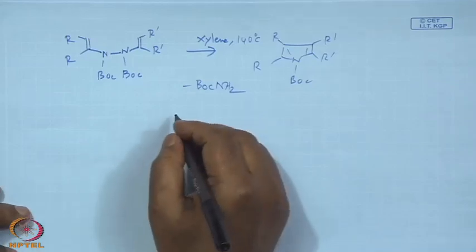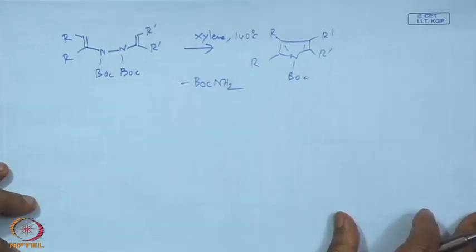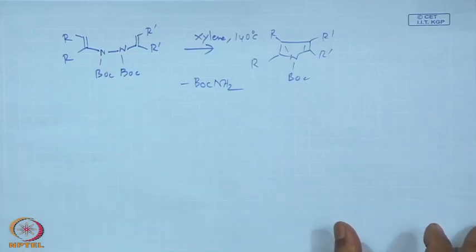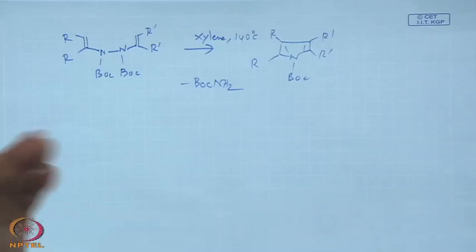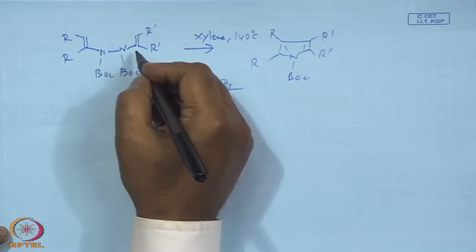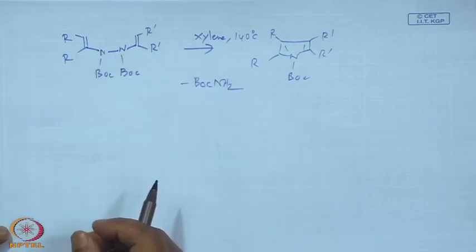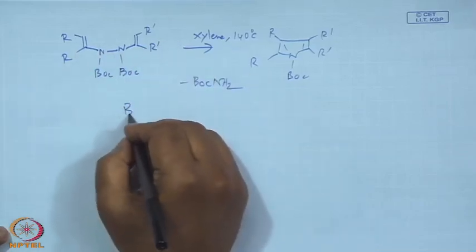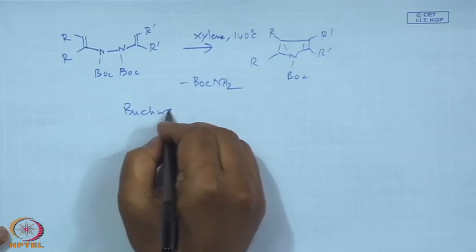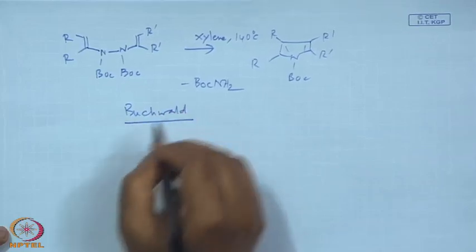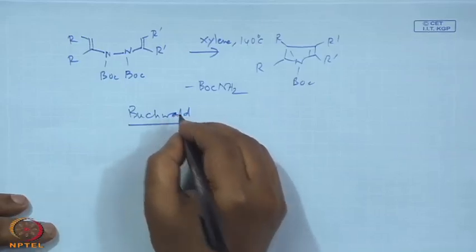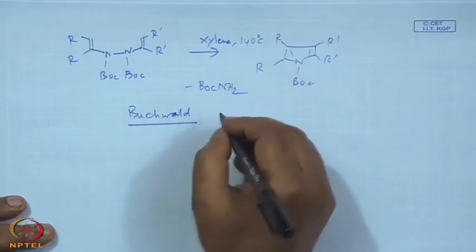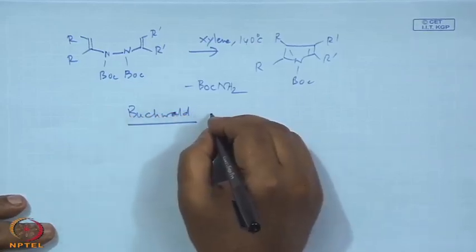So what is the merit of the synthesis? Now you see, the previous one was symmetrical, means all these R and R, the molecule is symmetrical, but in this case you can separately add 2 olefinic components by a reaction I think many of you have heard of, Buchwald amination.